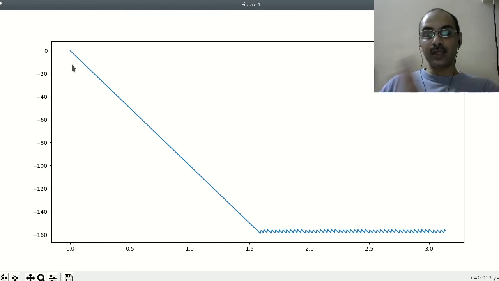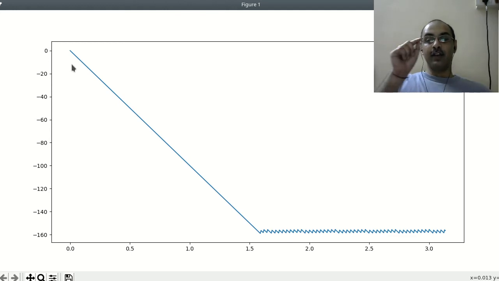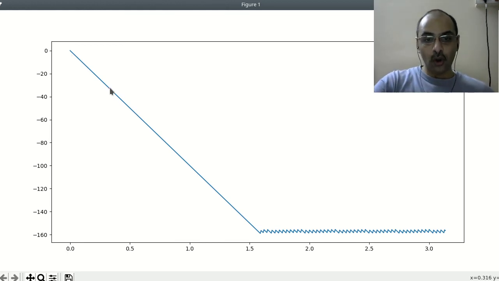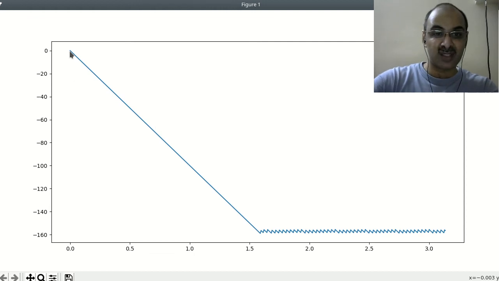By shifting it to the right, we convolved with delta of n minus m, and by convolving with delta of n minus m, we got the phase of e to the power minus j omega m. This e to the power minus j omega m appears over here. In fact, the slope of this line is going to be exactly 100. If you don't believe me, check. This is 0, this is pi by 2.